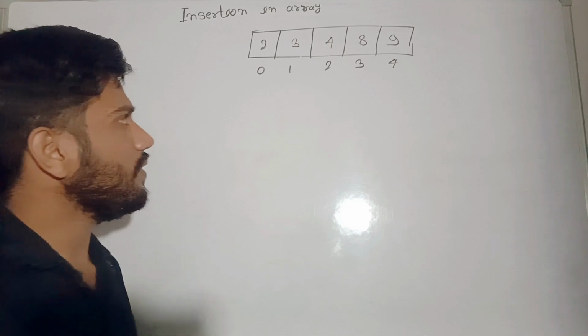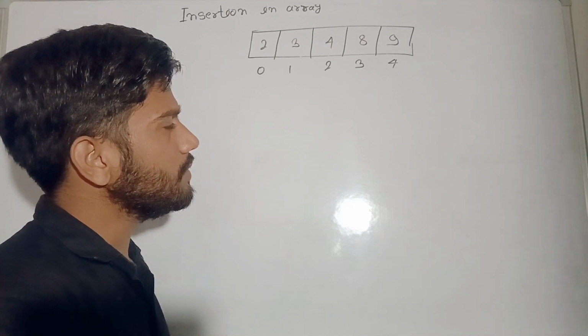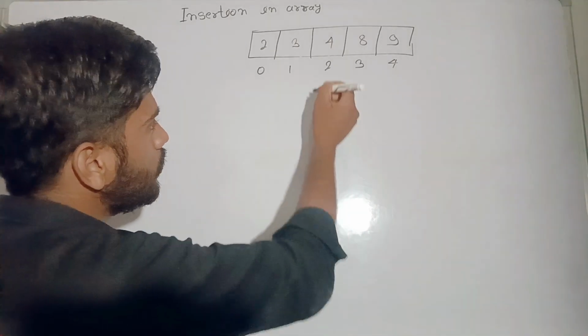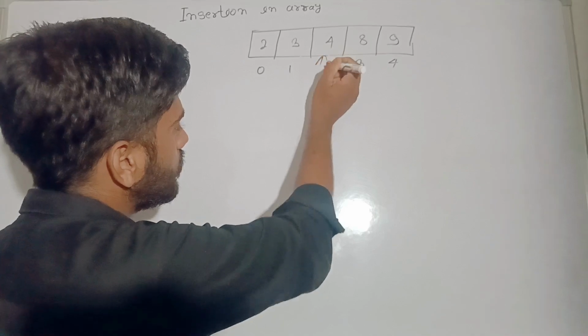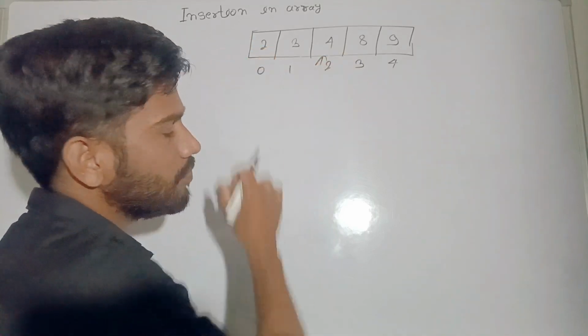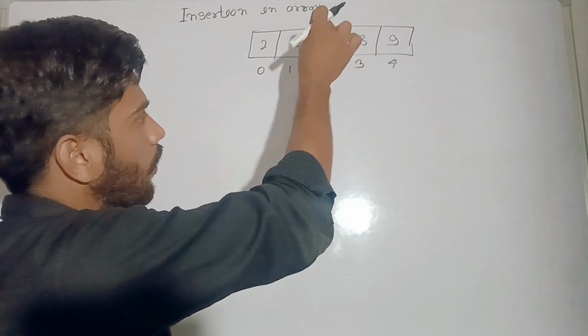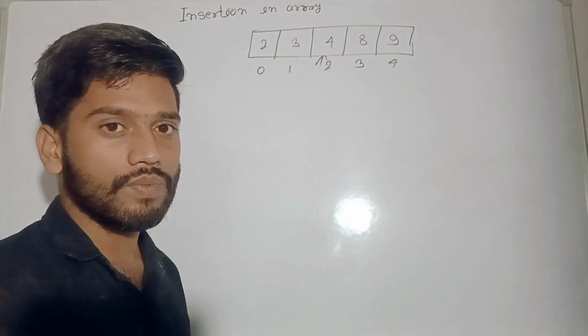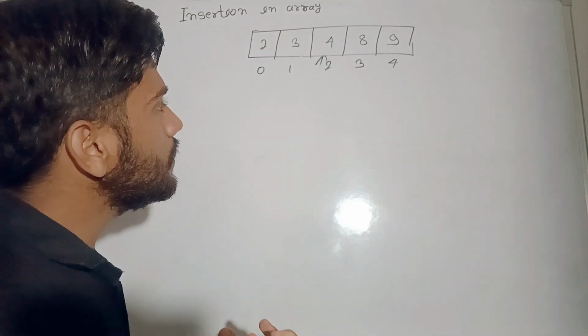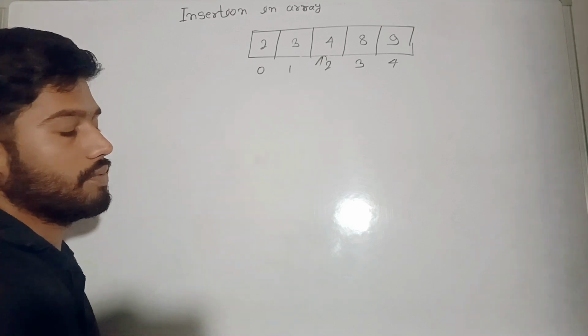Now suppose that we want to insert data at position 2, and at position 2 the value 4 is already present. How can we free this?